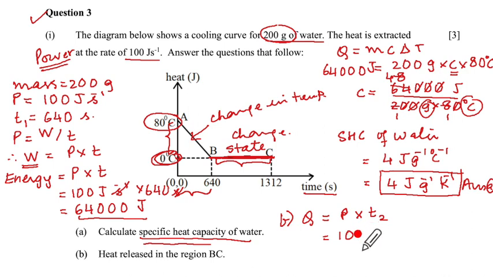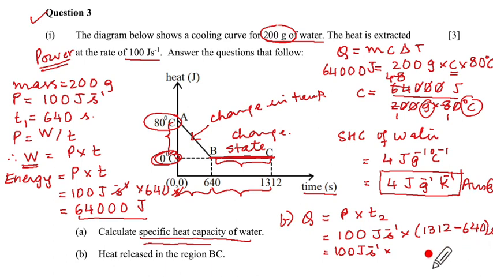Our power, that is rate of heat extraction, is 100 joule per second multiplied by 1312 minus 640, those many seconds. So you will have 100 joule per second multiplied by 672 seconds.